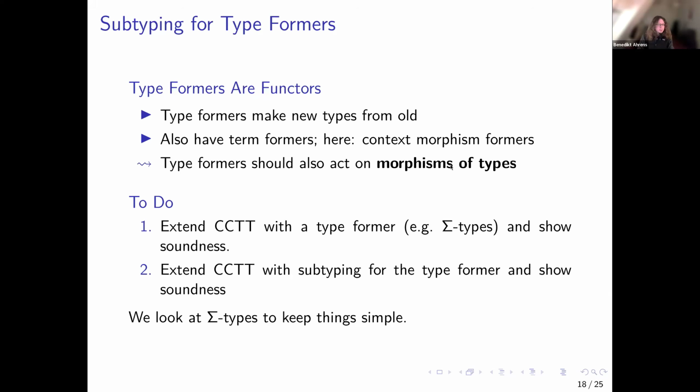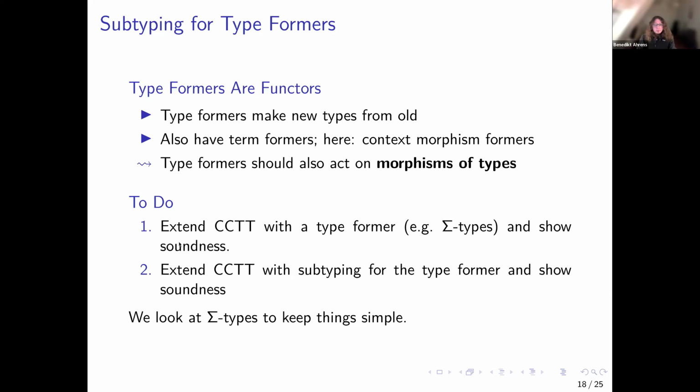So there should be some functoriality happening. And the whole task now is to explain how typeformers extend to morphisms of types in a way that makes them compatible also with the term formers.